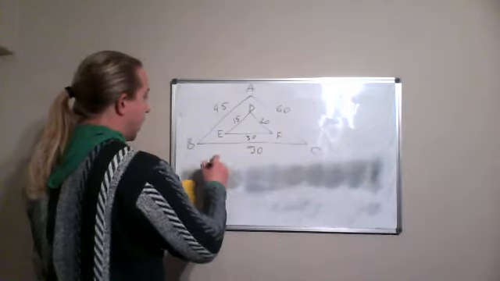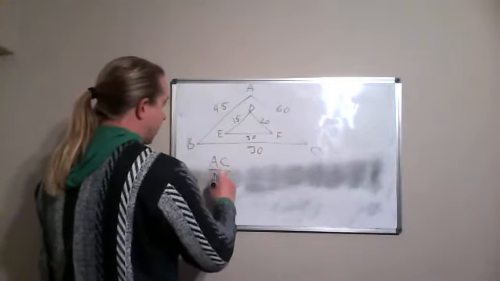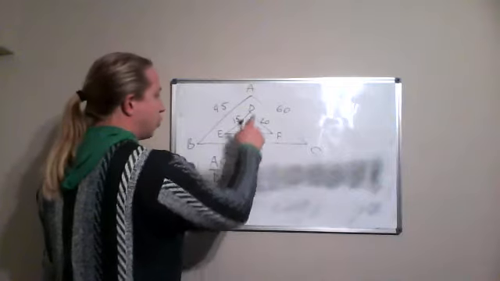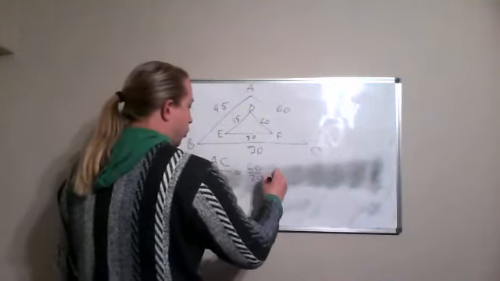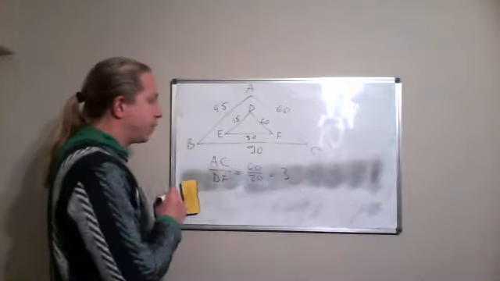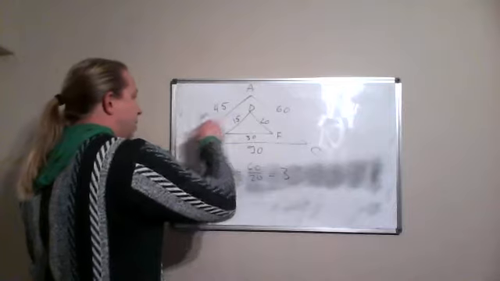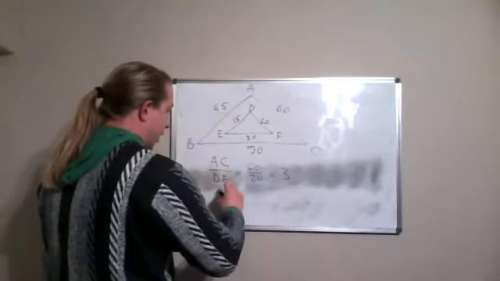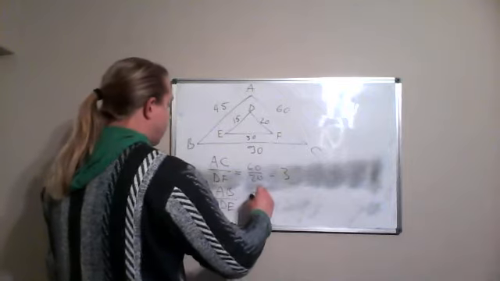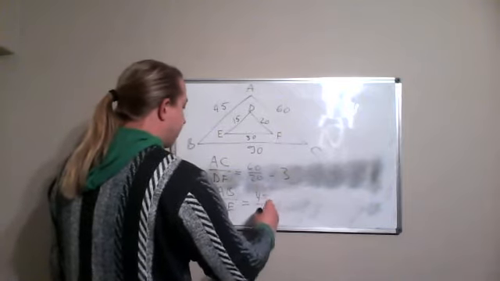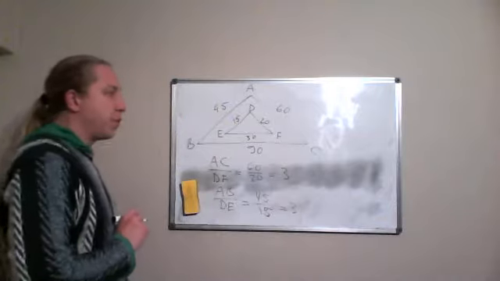Let's start with AC. AC over DF equals what? 60 over 20, which equals a ratio of 3. Great. Let's do the next side. AB over DE equals 45 divided by 15, and it also gives us a ratio of 3.